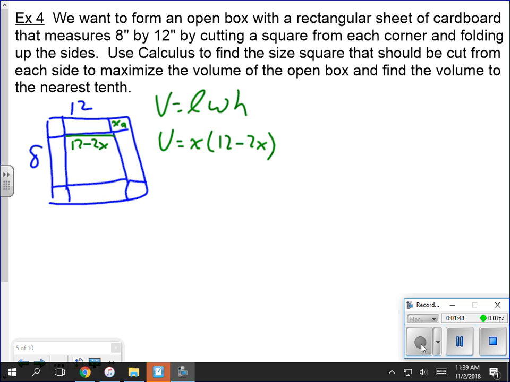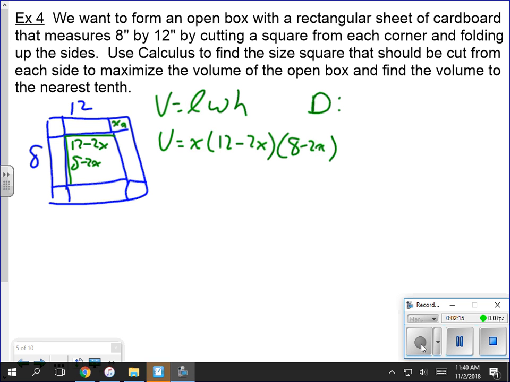And my length down this side is going to be 8 minus 2x. And that's my volume. Okay, that's my formula.